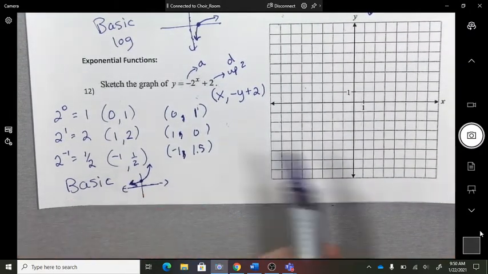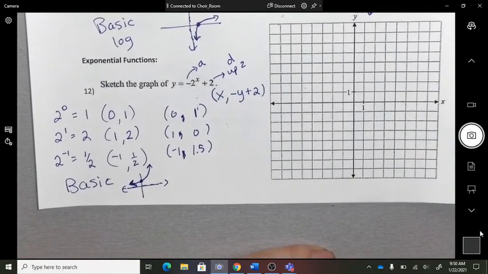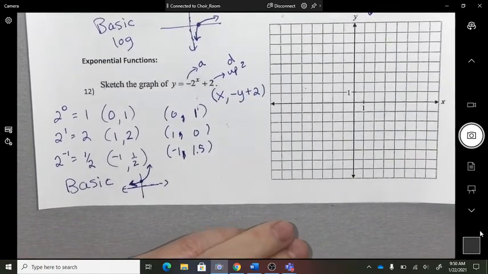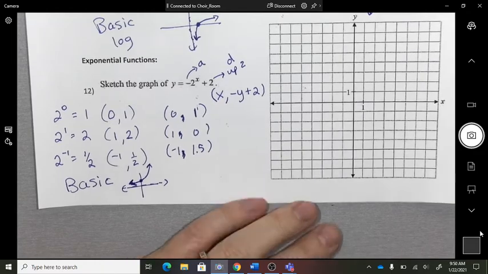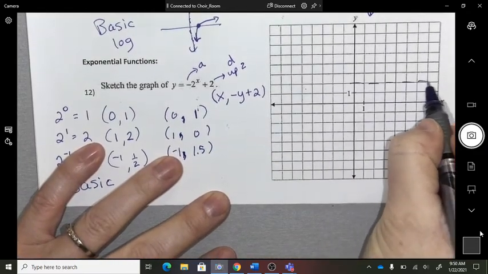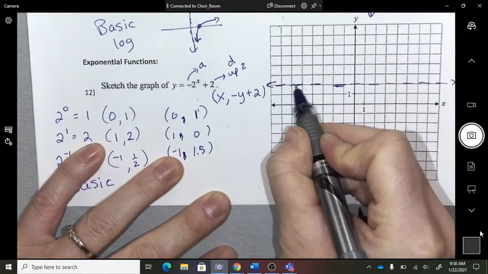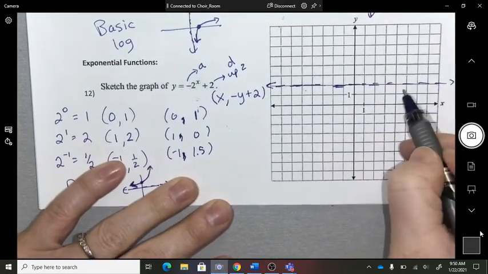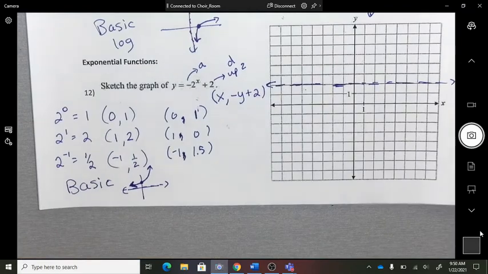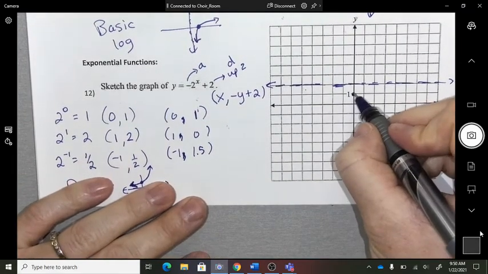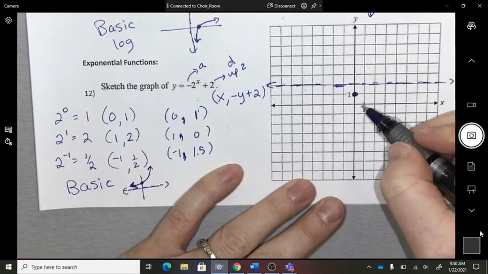Okay, it might help you before you start to draw an asymptote. So if our asymptote was flat at 0, we shifted it up 2. We know we're going to have an asymptote there, up at 2. Does it look like our points will work with that asymptote?